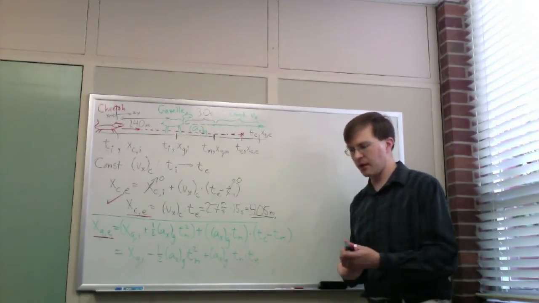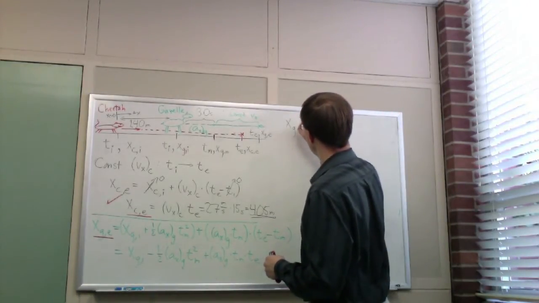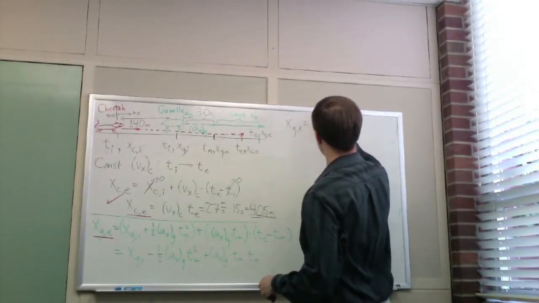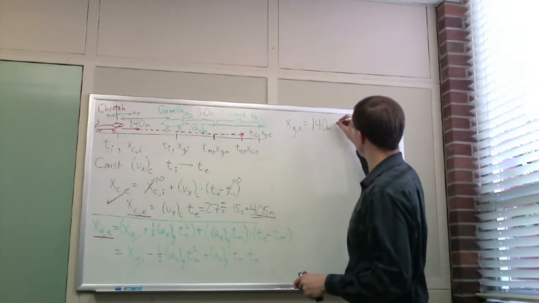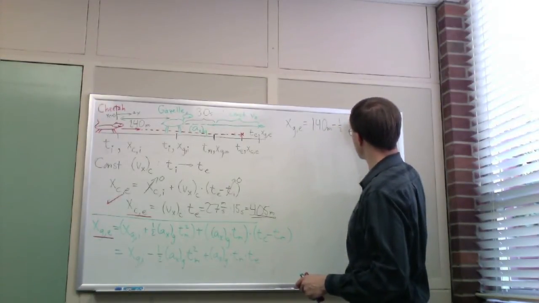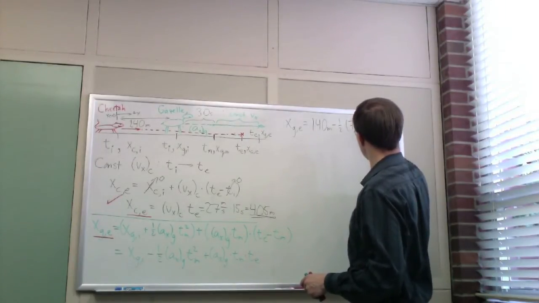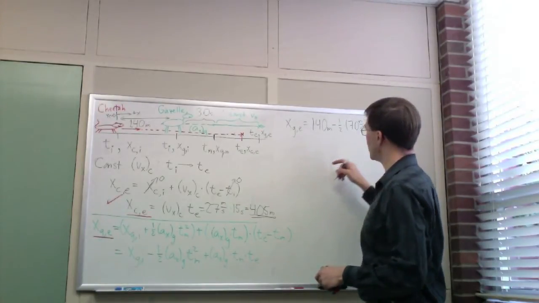I can plug in some numbers. Let's see what we get. X gazelle escape equals, my x gazelle initial is 140 meters. Then I'm going to subtract 1/2 times 7.0 meters per second squared times 3.0 seconds squared.